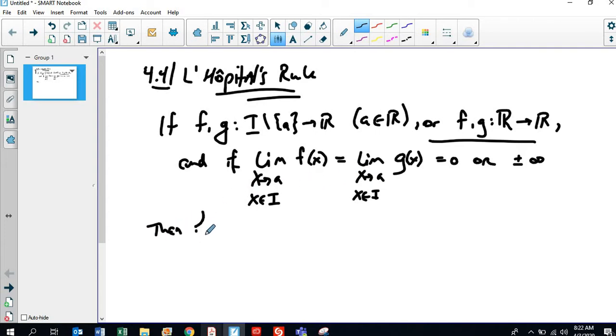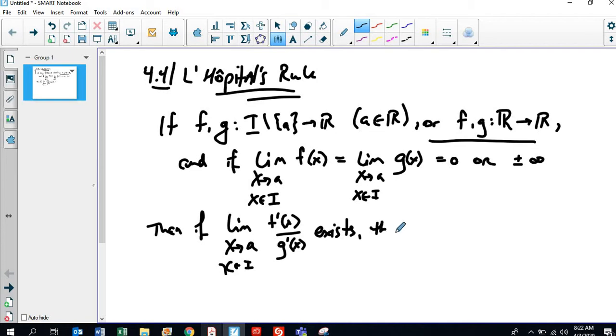Then if the limit as x approaches a, x in I, of f prime of x over g prime of x exists, then the limit as x goes to a, x in I, of f over g equals that limit.